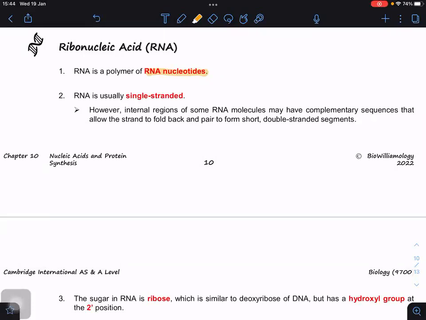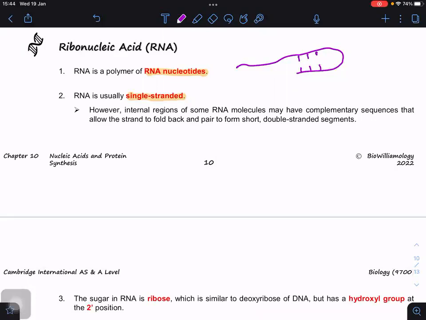And RNA, usually they are single-stranded. However, the internal region of some RNA molecules may have complementary sequences that allow the strand to fold back and pair to form a short double-stranded segment. Now, what does this mean? So RNA, even though single-stranded, sometimes may fold, and a small segment may have complementary base pairing.